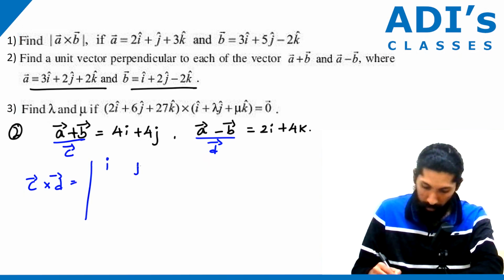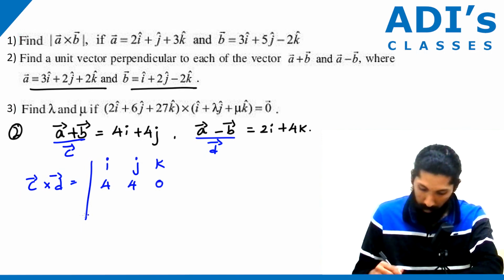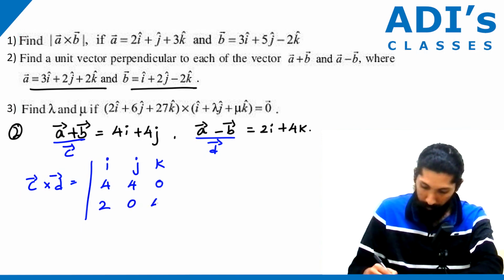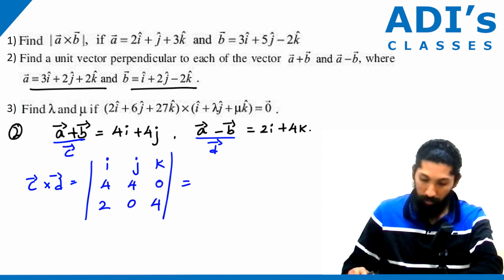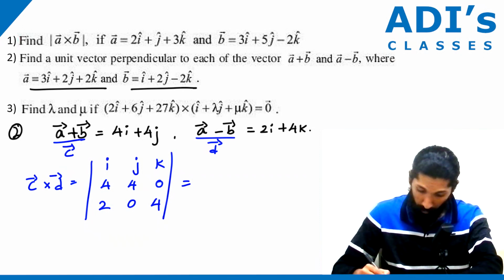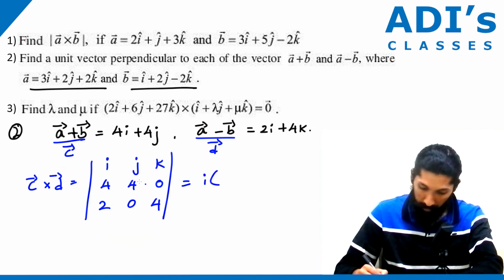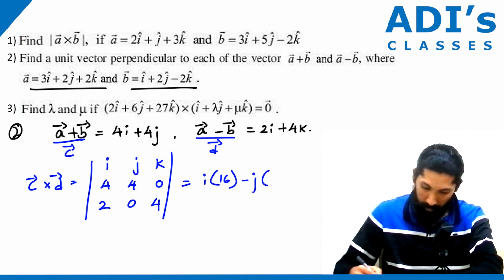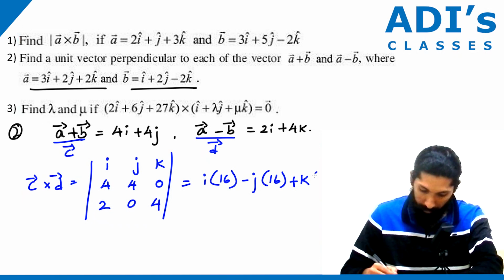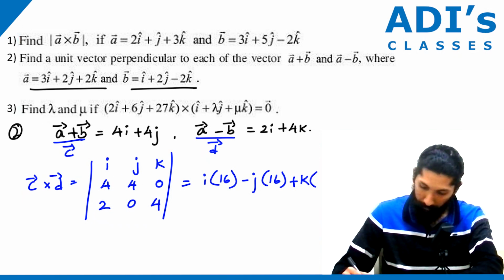I, J, K, 4, 4, 0, 2, 0, 4. Let's do the cross product. I into 16 minus J into 16 plus K into minus 8.